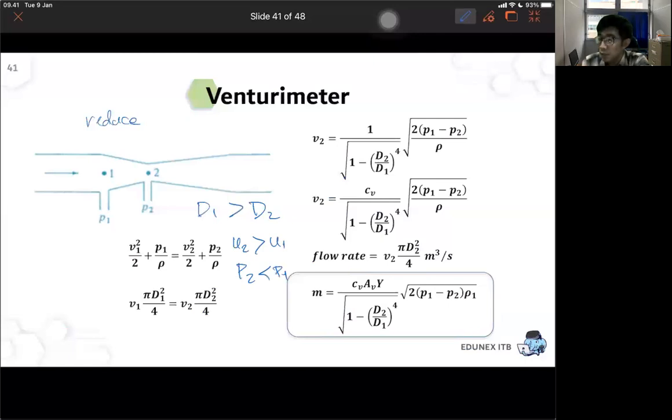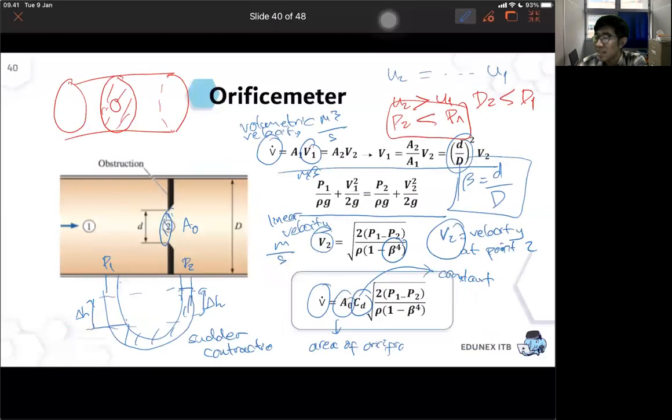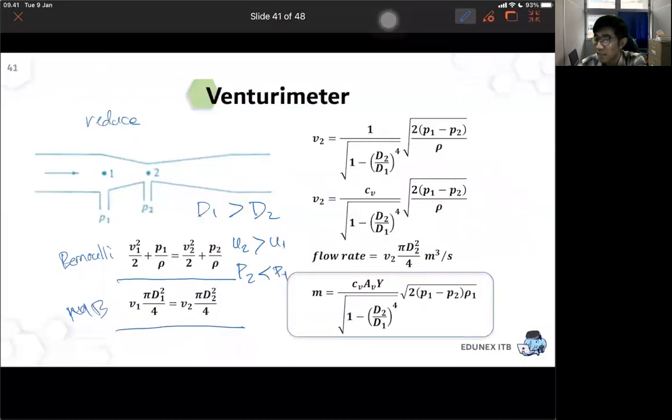Then you do the mass balance. This is from the mass balance. This is from Bernoulli. Basically you will have the same equation. Actually this slide tries to challenge you if you change the parameters, like sometimes it's on the left, sometimes on the right, and sometimes it's in the numerators, sometimes in the denominators.